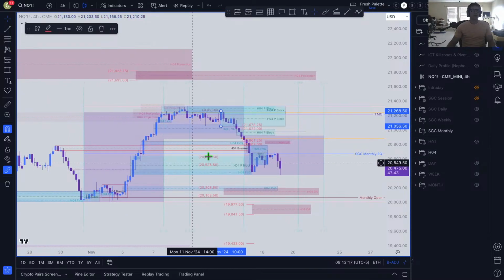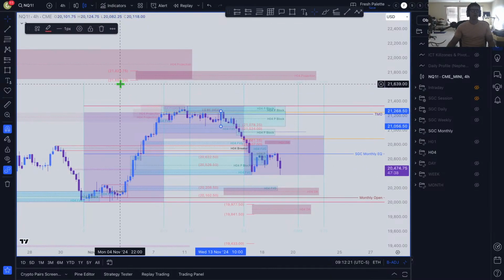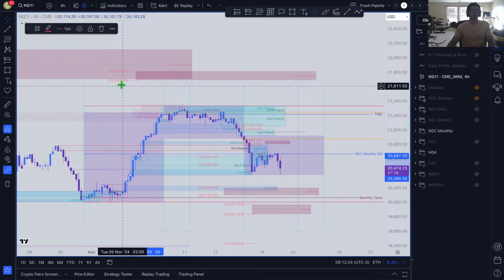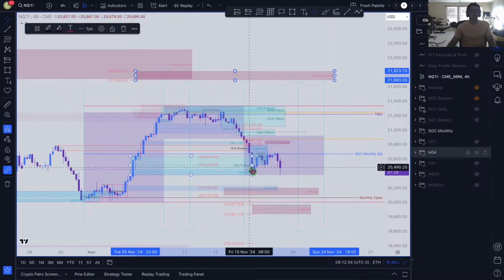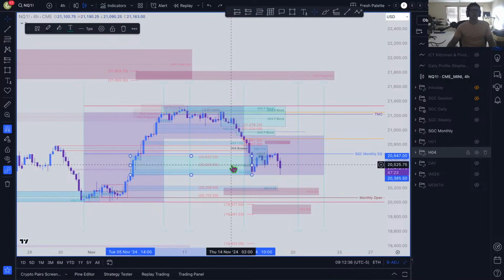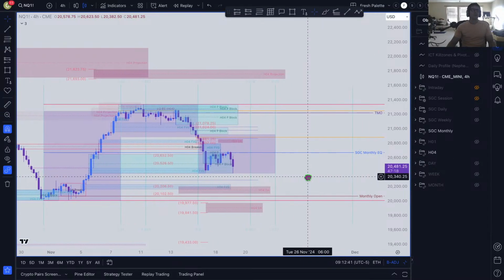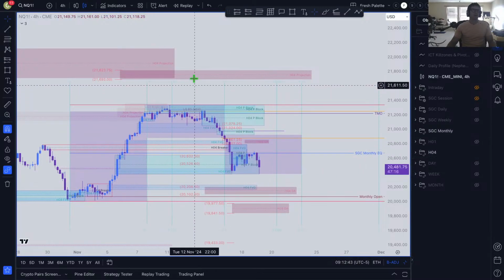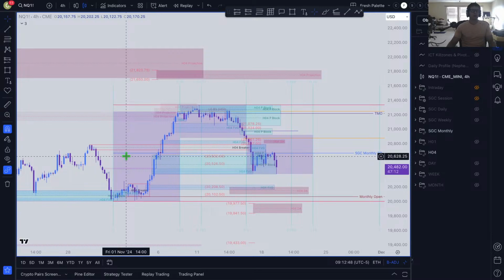That said, the other way to look at this is that we liquidated external liquidity coming back down for internal liquidity to continue this overall move to the upside. So this is still a potential upside projection on the 4-hour. But if we take out this low, which we were awfully close to doing, that then gets rid of really all bull impulse from the first quarter, and that hasn't been met, right?